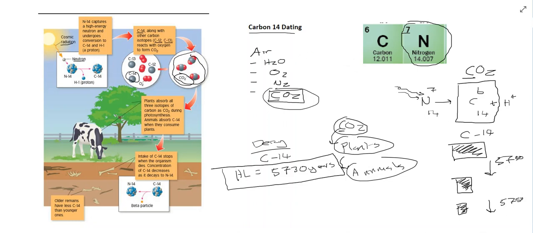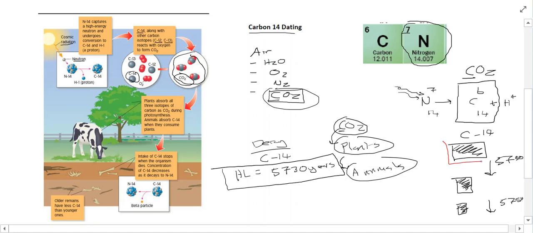So let's say this here represents the amount of carbon-14 that's present in an alive plant or animal.